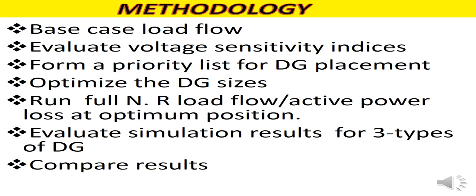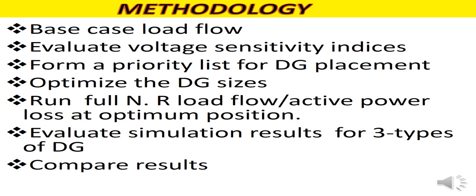Based on these, form a priority list of DG placement for each of the buses that is capable of hosting the DG. Fourth, optimize the size of DG for those buses that have the capability to host the DG.